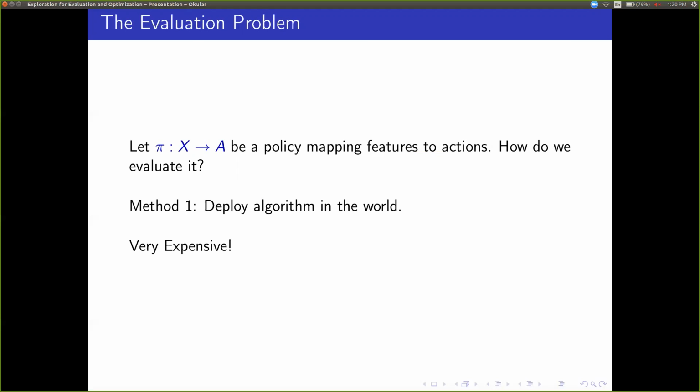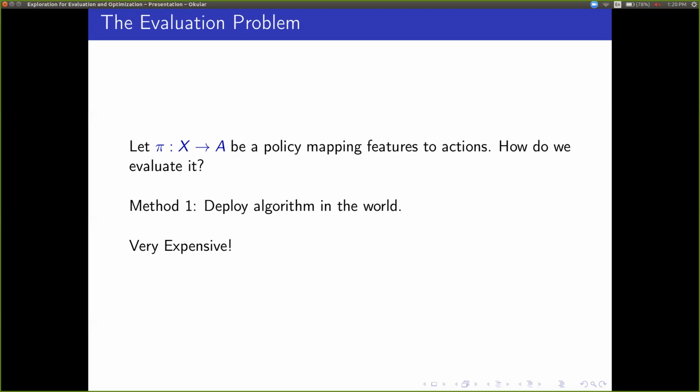So that means that the mapping from features to distribution over actions is changing over time. And so evaluating a non-stationary policy is substantially trickier than evaluating a stationary policy. And the policy will depend upon the history, basically.